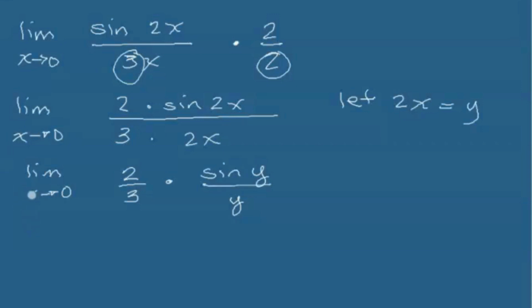Okay, so since we use y, let's just change this to y approaches 0. And then simplifying this, sine y over y is equal to 1 by the special trig limits. So we'll have 1 times 2/3, or 2/3 times 1. So the answer is 2/3.